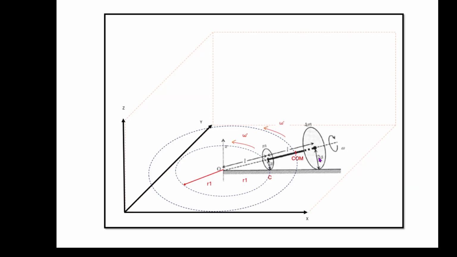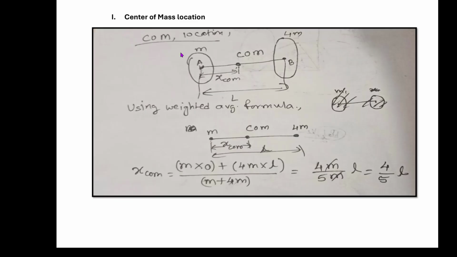First we will understand where exactly the center of mass is located. To calculate that, consider the two discs and the center of mass. Let the center of mass be at a distance x of center of mass from the smaller disc's center, and the length between the two centers is L. If we consider the small disc as a point mass m at A, and the big disc as a point mass 4m at B, then the entire assembly reduces to this.